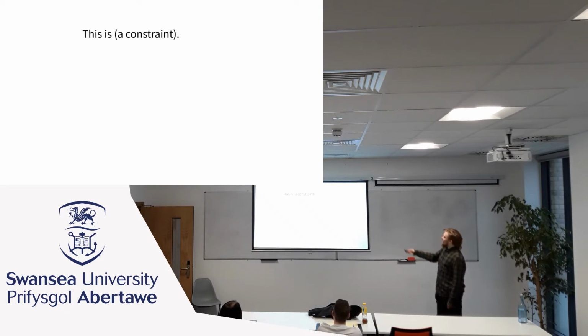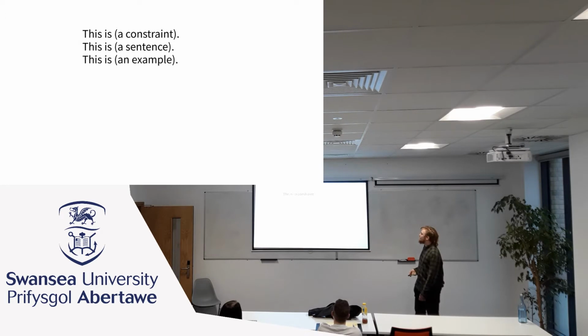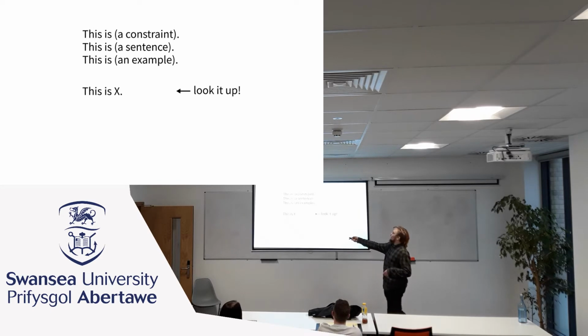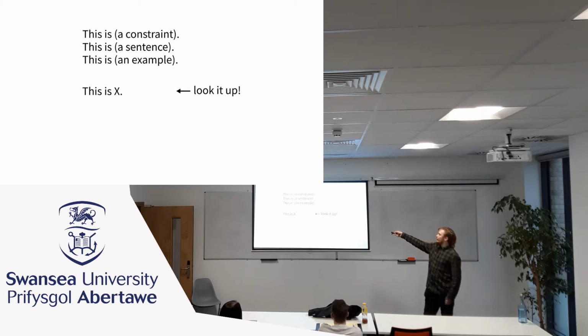So this is a normal constraint, right? So just a sentence with some part in it. When we would write this is X, then we just look into our knowledge base and know immediately what to put into the X. When we have several values, this can be kind of seen like a table. So when we just have one constraint on one variable and want to know what's going into the X, we just look it up in the above values.